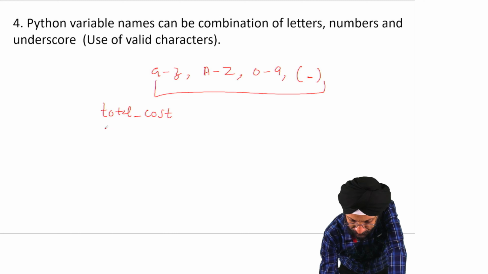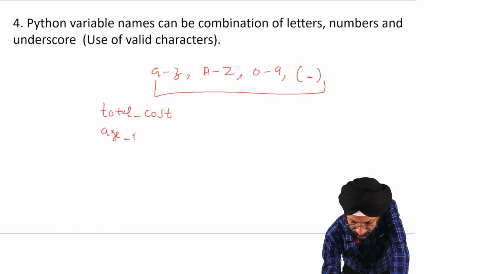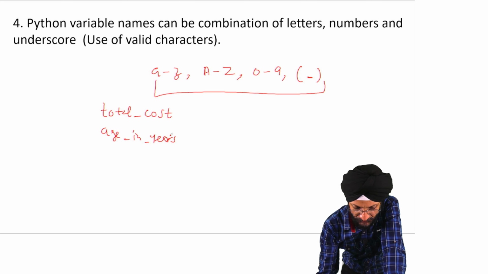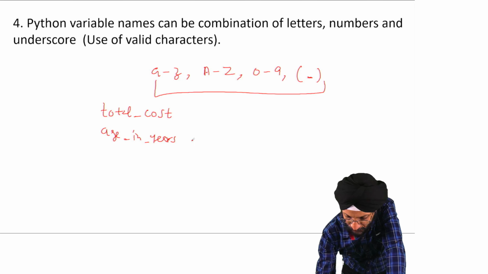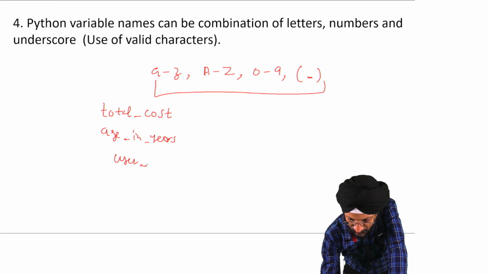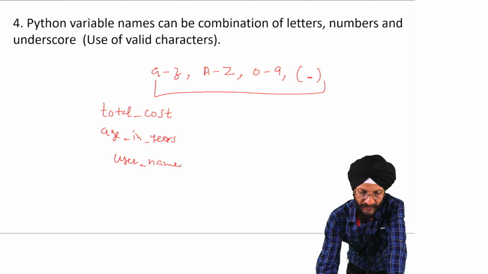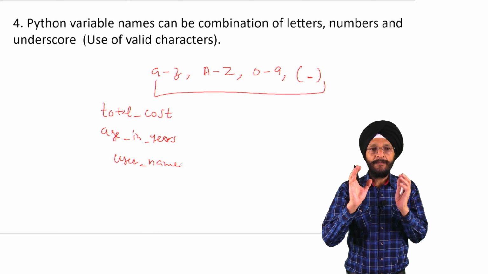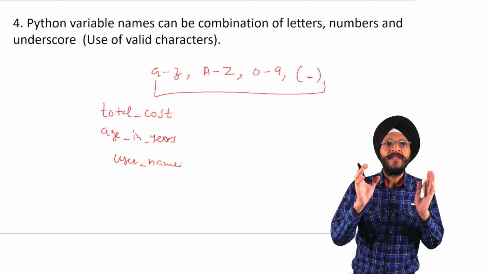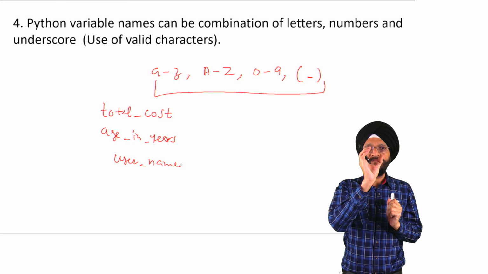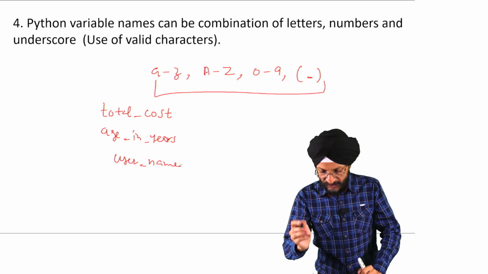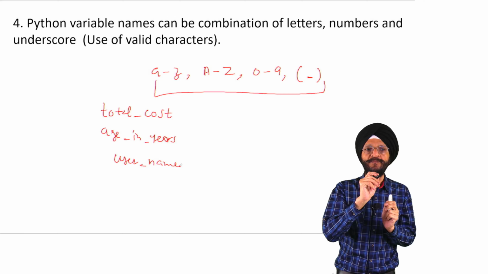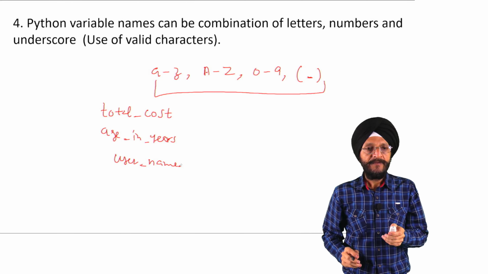If we write user_name, it is also a valid variable name. It must be noted that we can use underscore as the first character in the variable name.